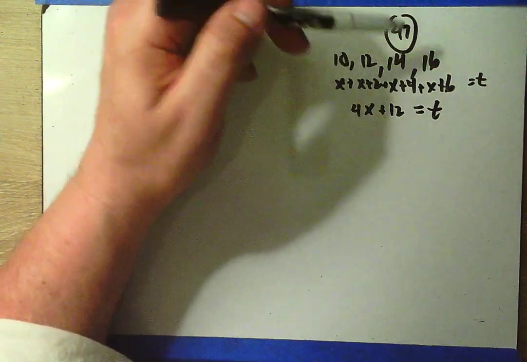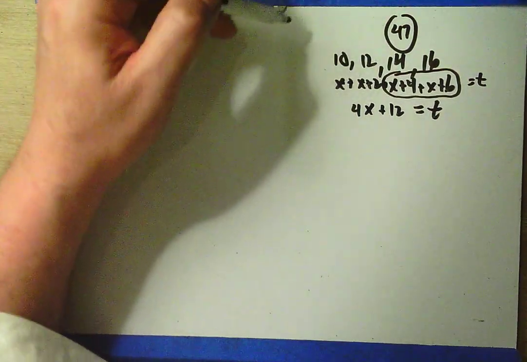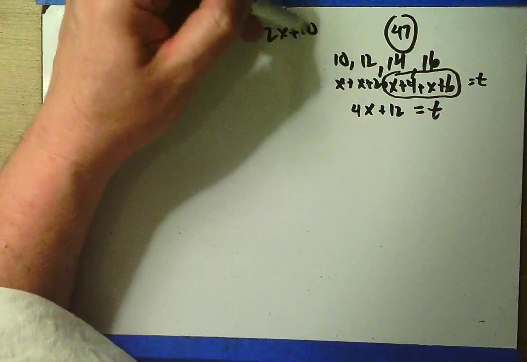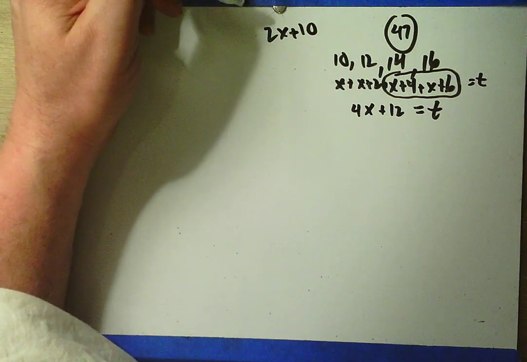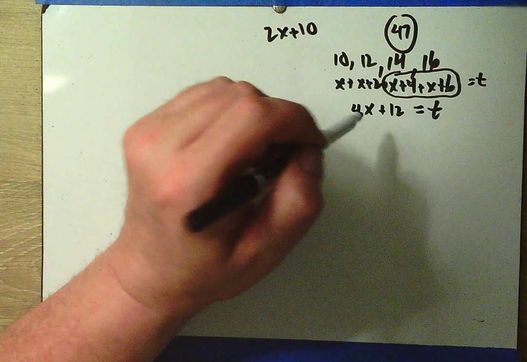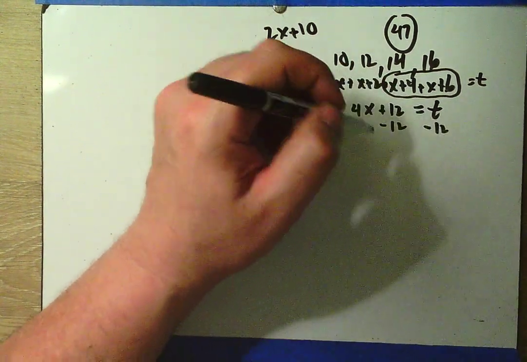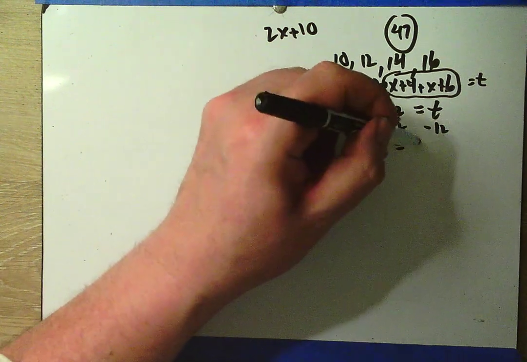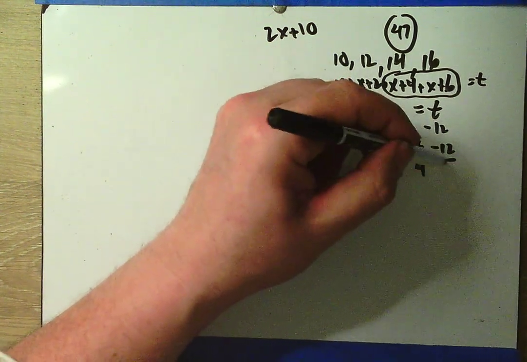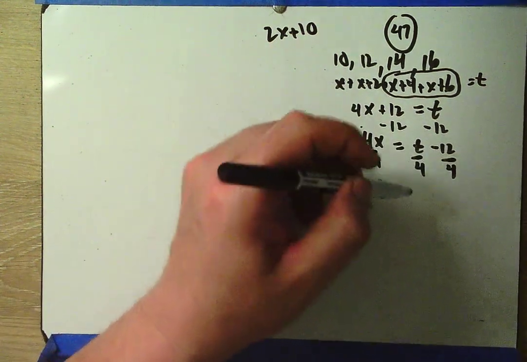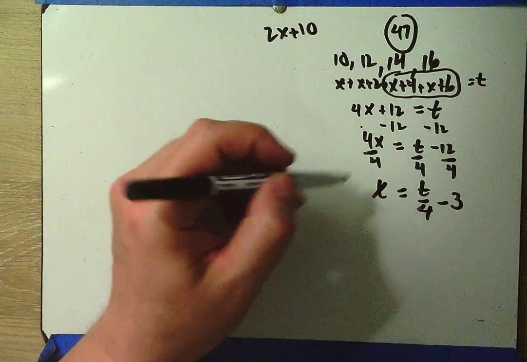Now they ask for the sum of the two largest integers, and we might say, well, that's just going to be 2x plus 10. Except they want this in terms of t. So I have to solve this equation over here for x. And I get 4x equals t minus 12. And then I'll divide everywhere by 4. And I'll get that x equals t over 4 minus 3.